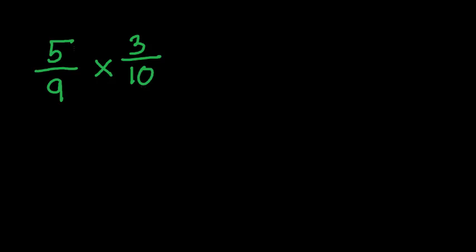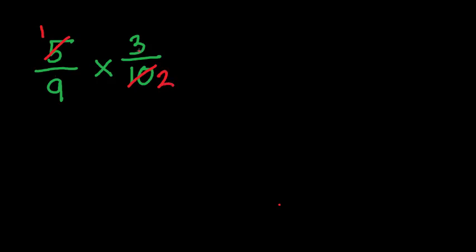So we can divide each of these numbers by 5. 5 divided by 5 is 1, and we cross that number out because we've simplified. And 10 divided by 5 is 2.